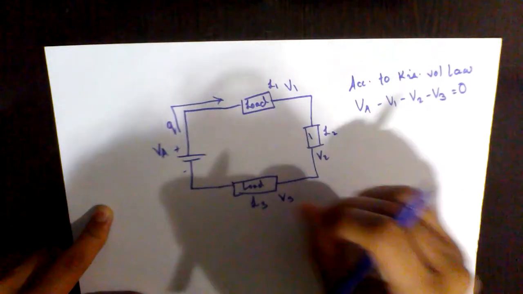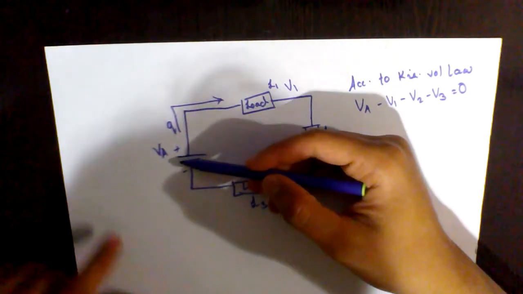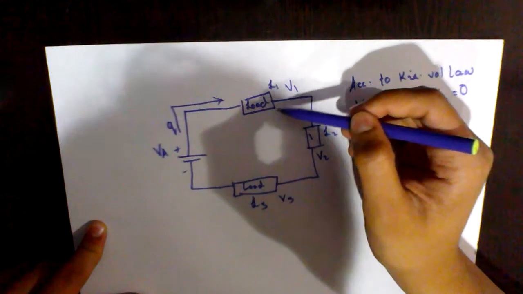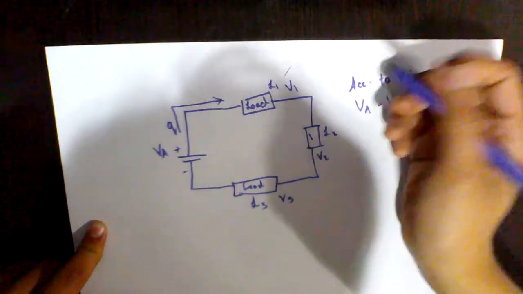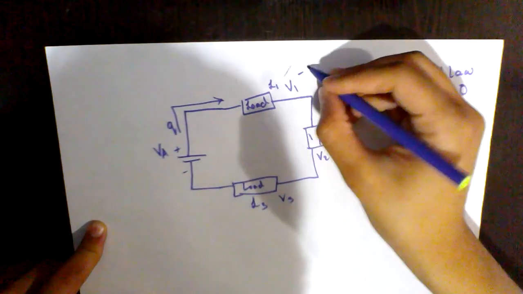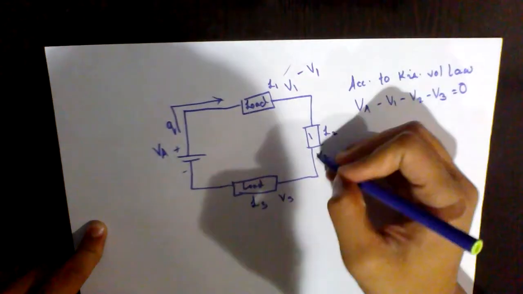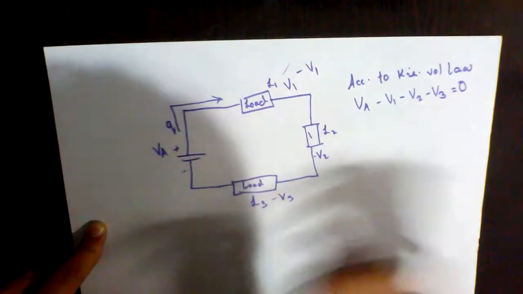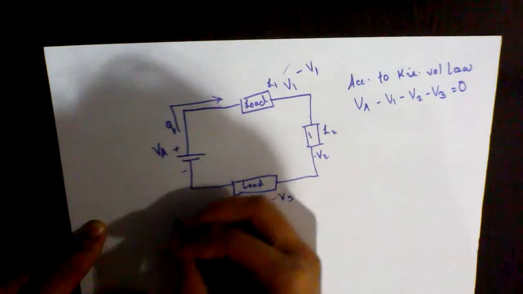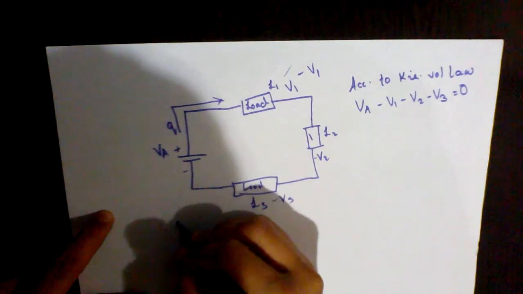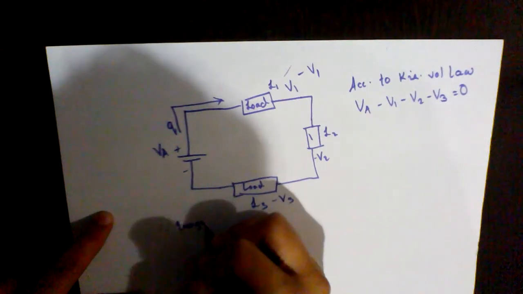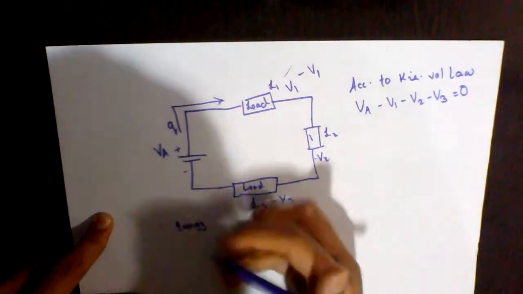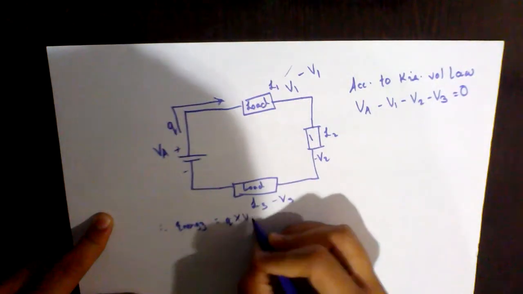Since the battery gives the positive charge, as the charge Q reaches the first load resistance L1, it becomes negative, which is minus V1, and when it reaches here, minus V2, then the third, minus V3, and finally 0. Now for energy, we calculate for the cell, it is Q into VA.